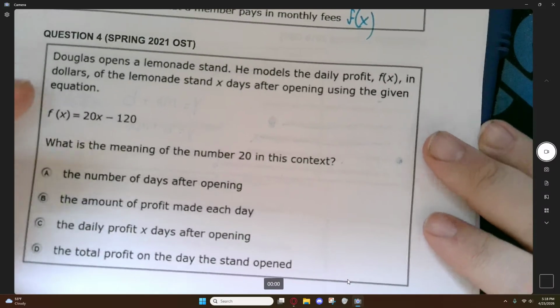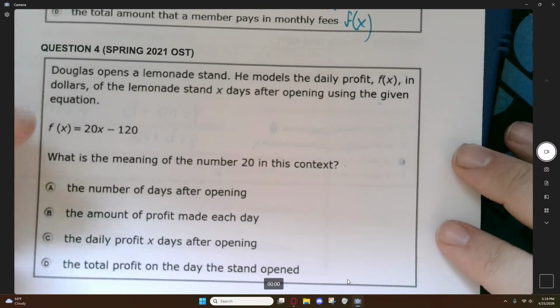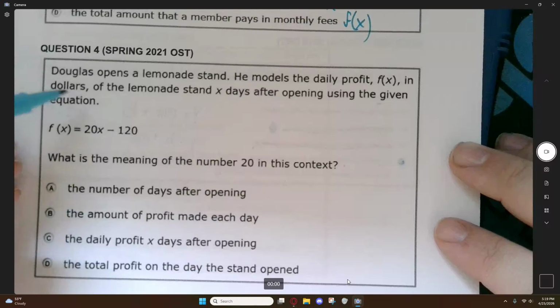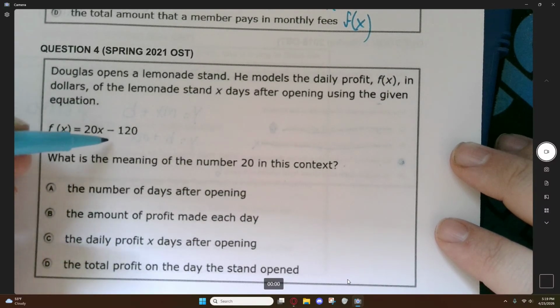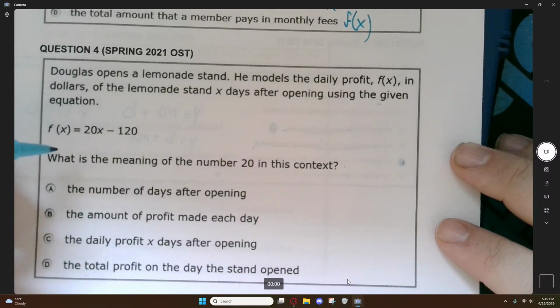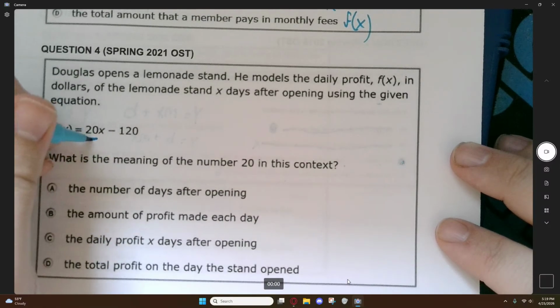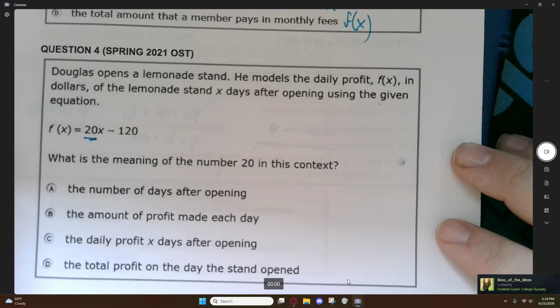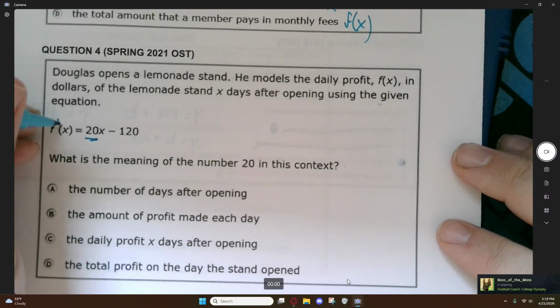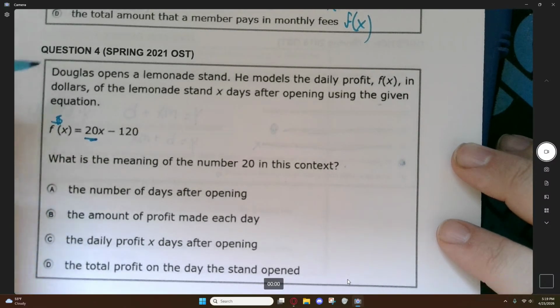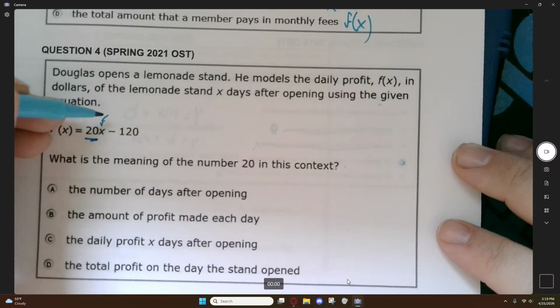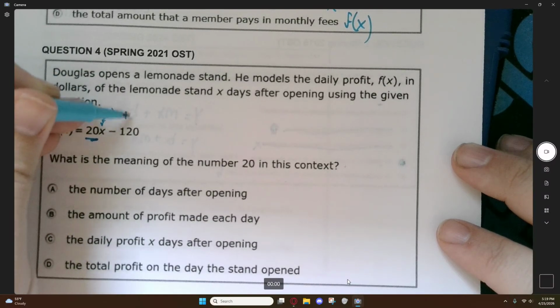Question 5. Douglas opens a lemonade stand. He models the daily profit f of x in dollars of the lemonade stand x days after opening using the given equation. f of x equals 20x minus 120. What is the meaning of the number 20 in this context? 20 has to do with our rate. Okay? We're talking about profit, which means we're talking about total money made. X represents the number of days.